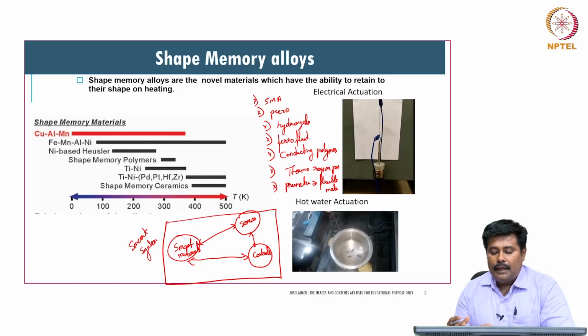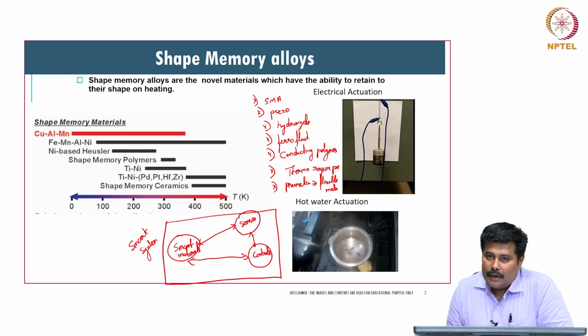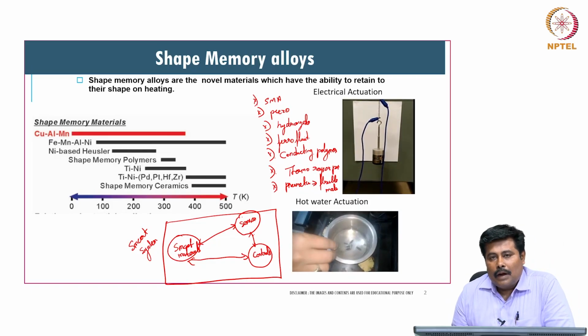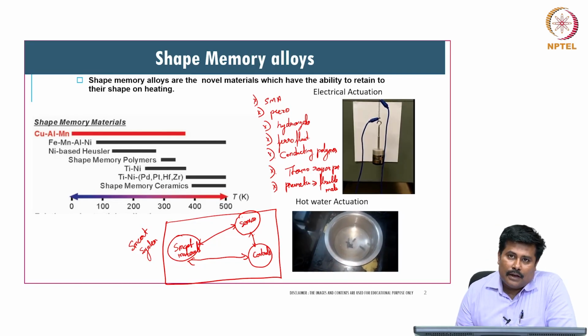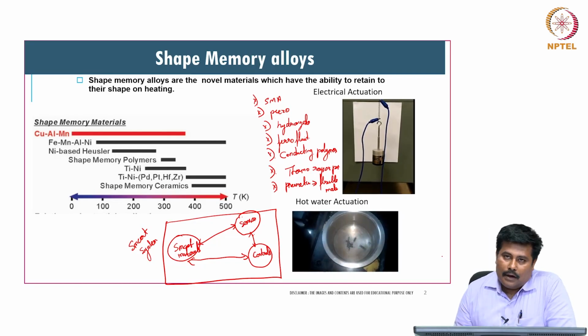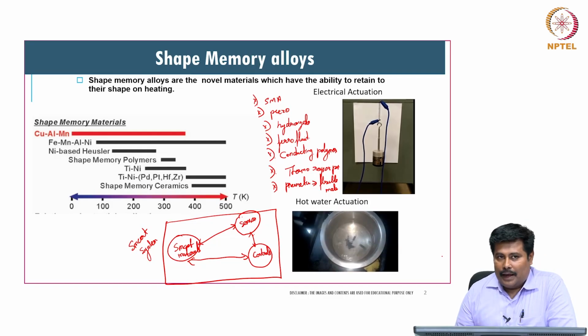Many such smart materials are available, and they have potential application towards micro robotic related applications as well as the characteristics.